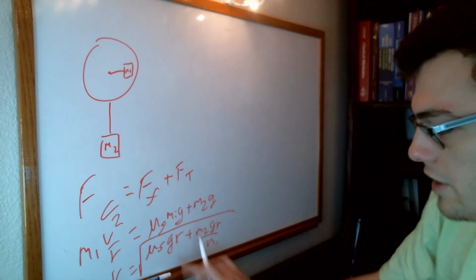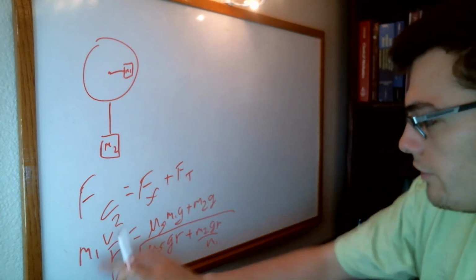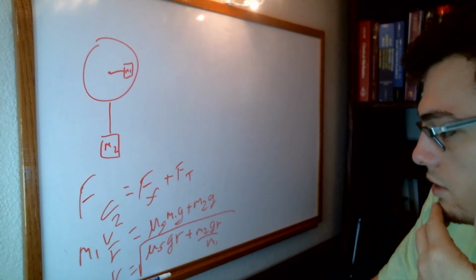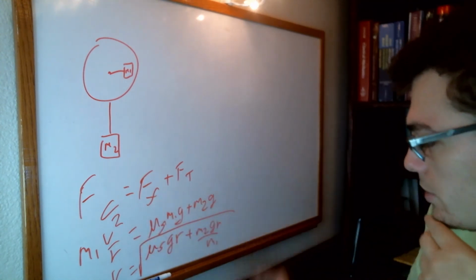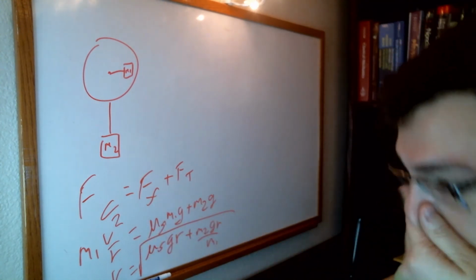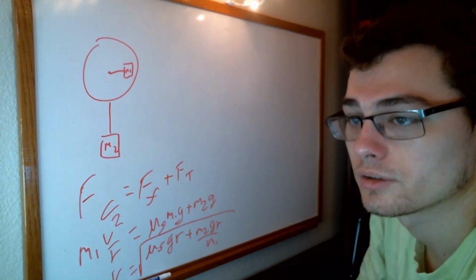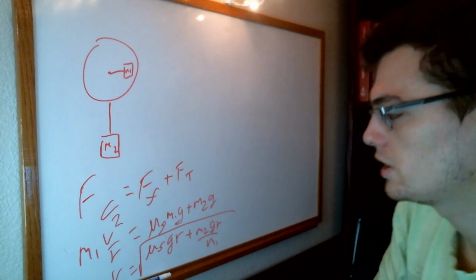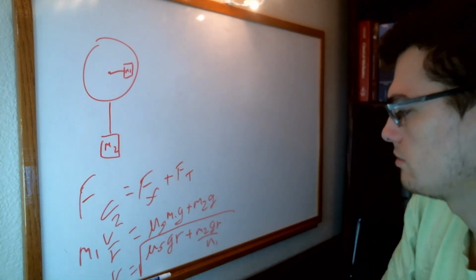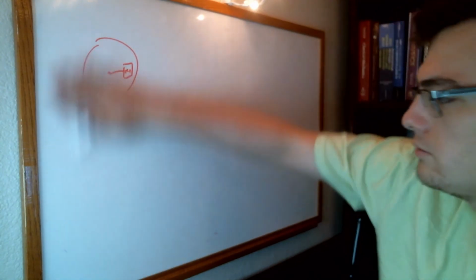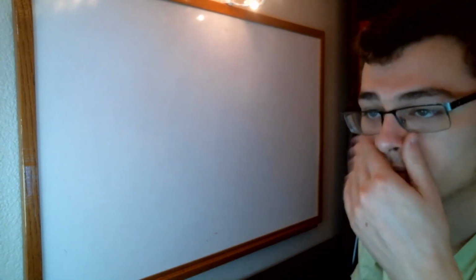I've canceled out the m1s here from both sides and taken the square root, multiplied the r to the other side. So lickety split, we've found what our velocity is here. It's quite similar to the other problem. You just got to draw your free body diagrams, and those should pop out pretty quickly.